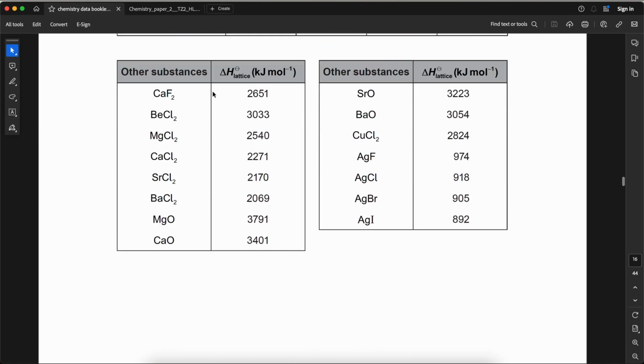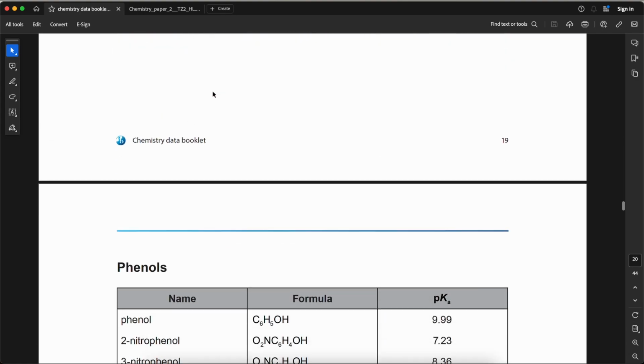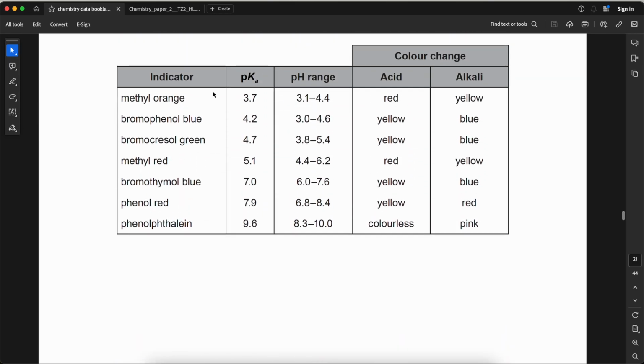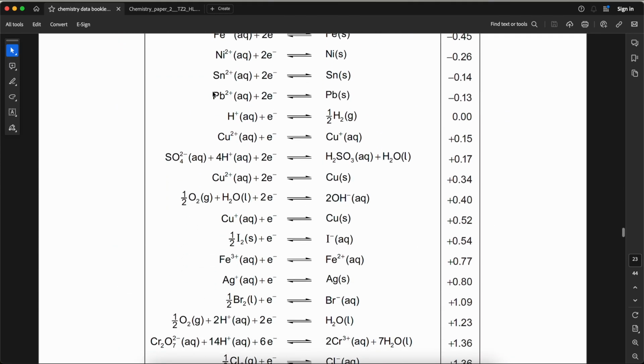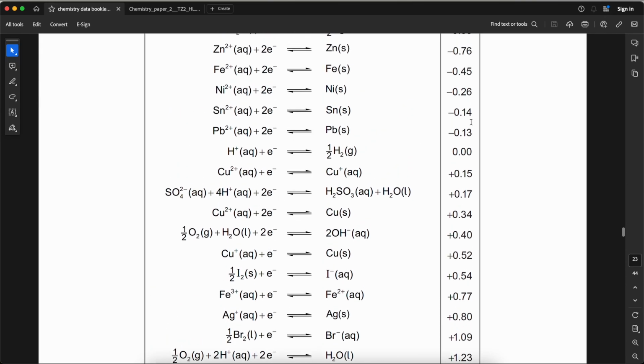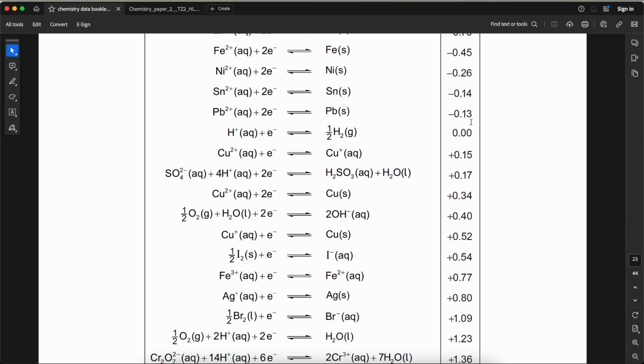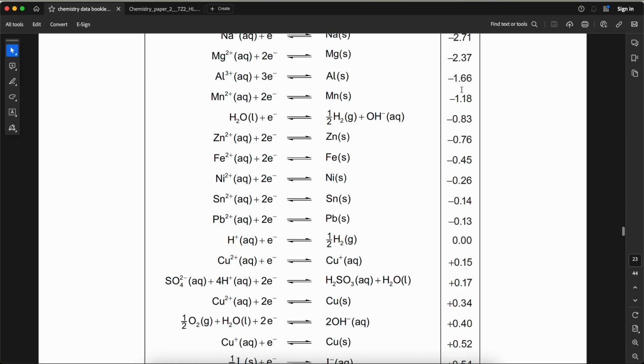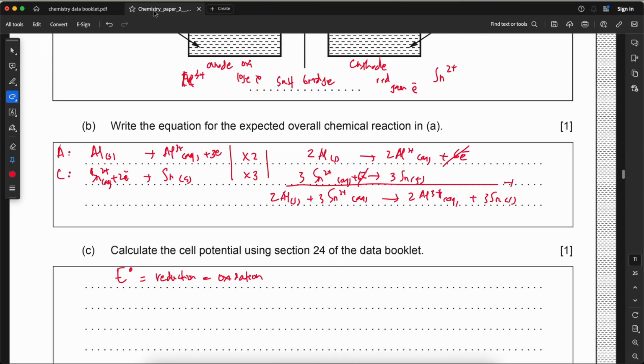So Sn would be negative 0.14, and for Al would be negative 1.66. So that would be negative 0.14 minus negative 1.66. You get plus 1.52 volts.